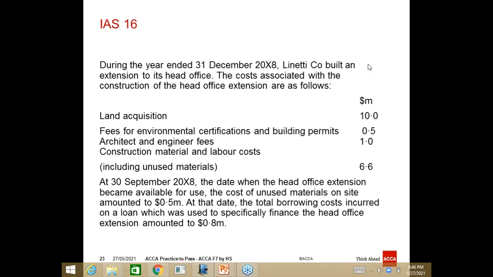So is it done? What will be the cost of the head office?